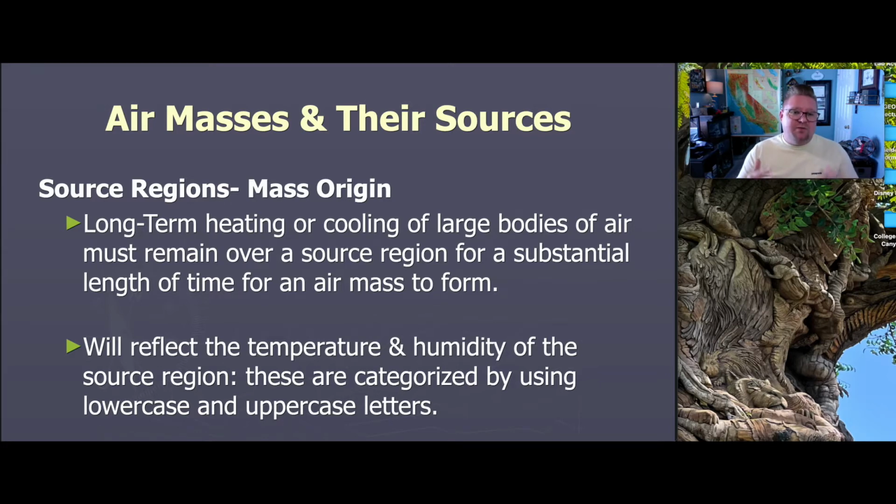So you have very consistent long-term weather styles that, because of their longevity, will create different types of sources of air masses. They will also reflect the temperature and humidity of the source region. These are categorized using lowercase and uppercase letters. So what does that mean?